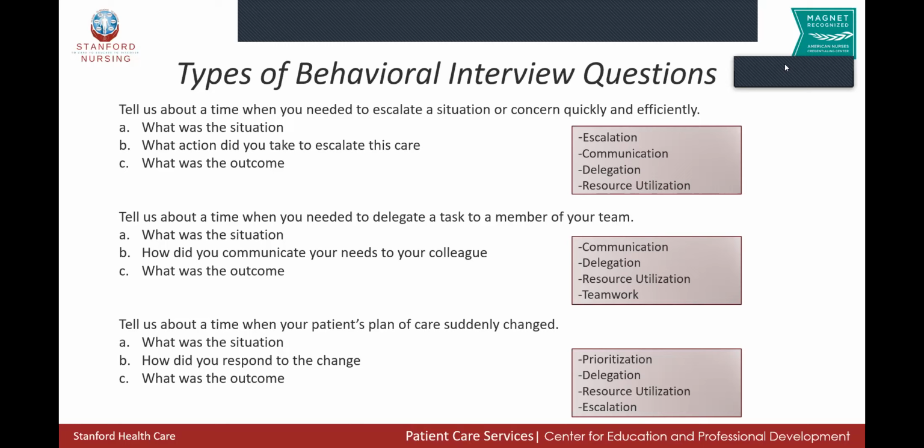I was able to delegate some tasks to my nursing assistant so I could have some free time to make sure that I reached out to my case manager and my social worker to find out if we can get the medications delivered rather than have them drive a couple hours out and not make it to the pharmacy in time, and then the patient would be out without their medications. So with all this work, if that wasn't able to get done, we want to escalate and reach out to the team and let them know what's going on.